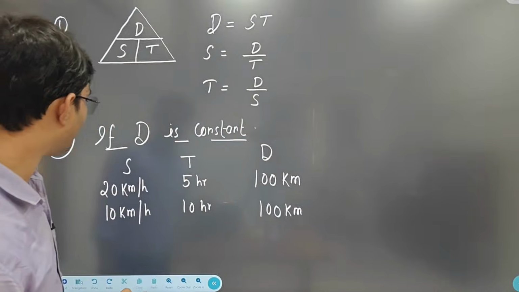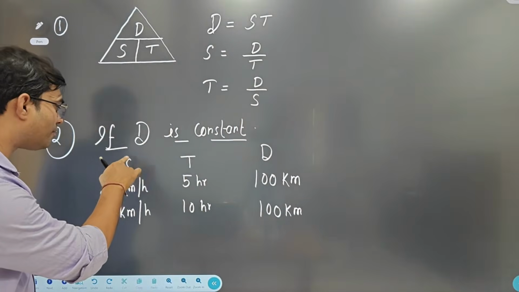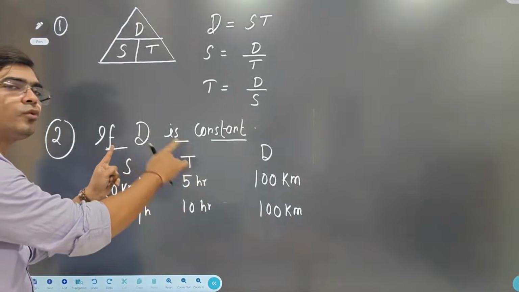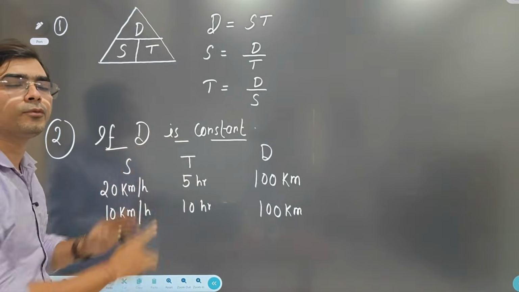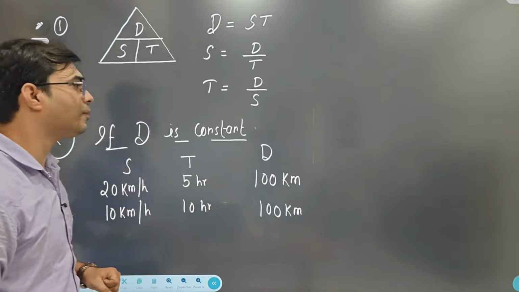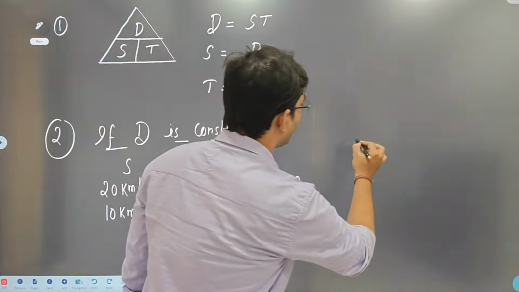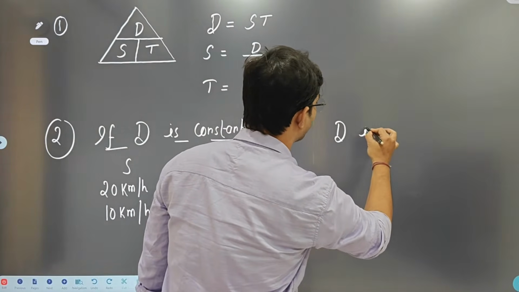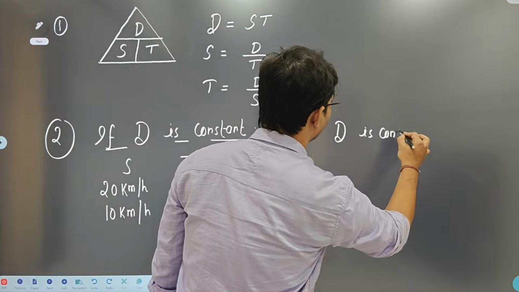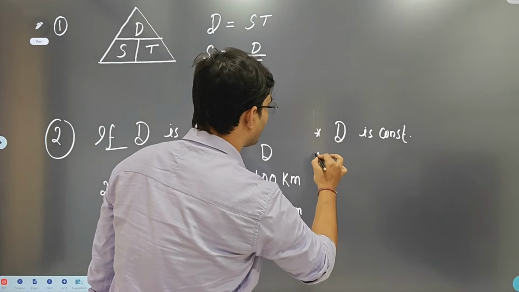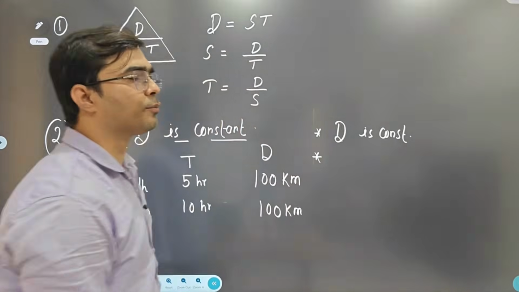One more thing we can see in this case: when one variable is decreasing, the other is increasing, we say that these two quantities are inversely proportional. So when distance is constant, what can we say now? Speed and time are inversely proportional.